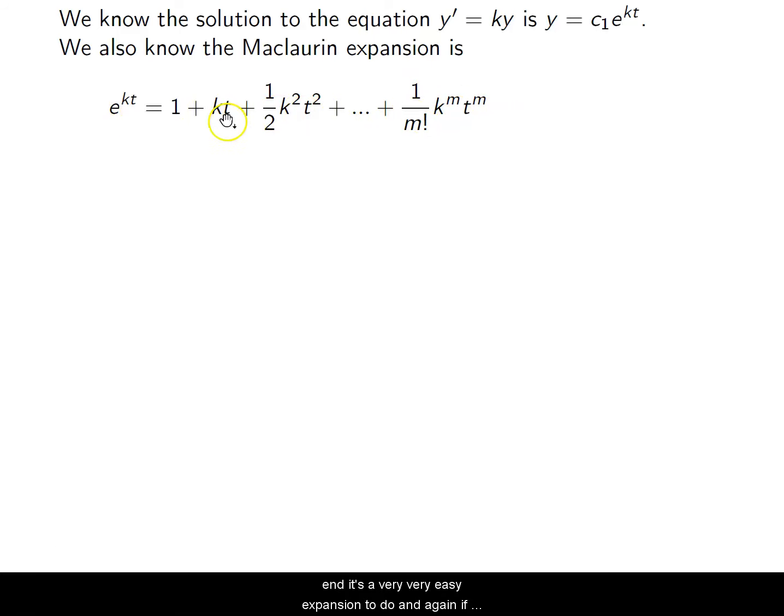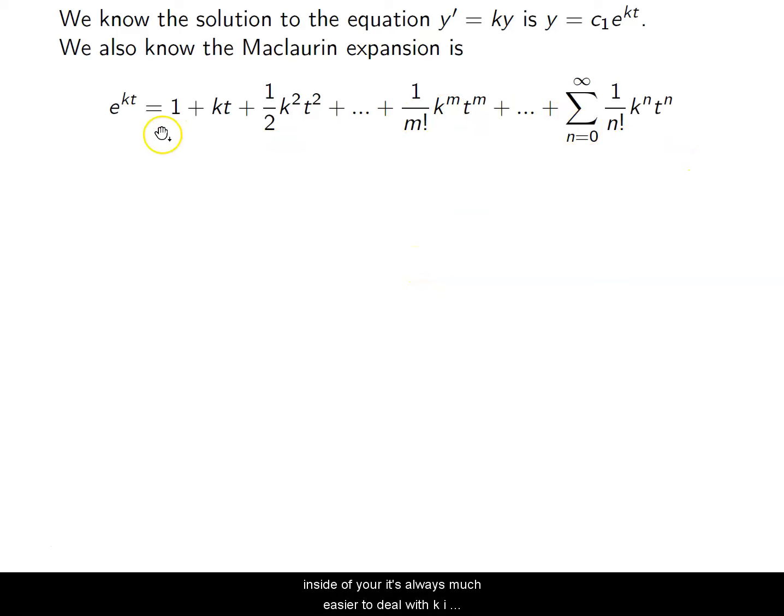Okay, it's a very, very easy expansion to do. And again, if it was a Taylor expansion, this would be t minus a, t minus a squared, t minus a to the n, where a is that value that we are taking that expansion to be centered around, right? Here, we're centering around 0, so we don't have to have any of that crazy stuff inside of here. It's always much easier to deal with, okay?